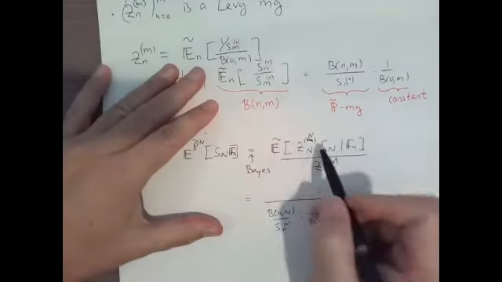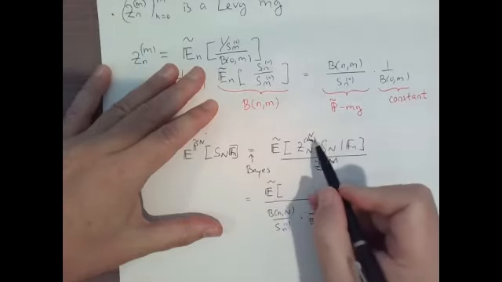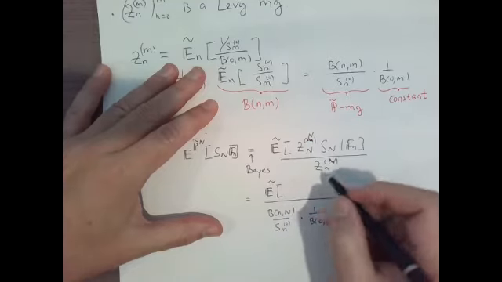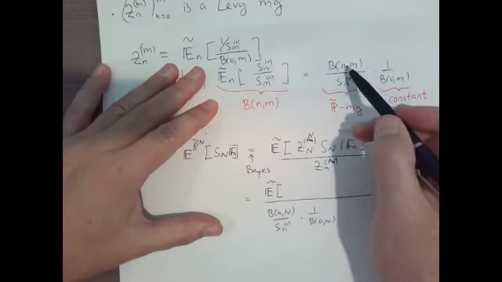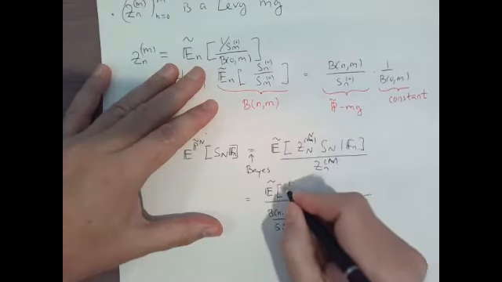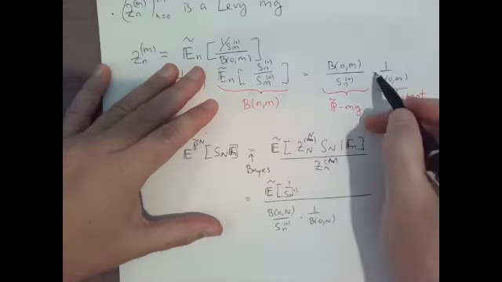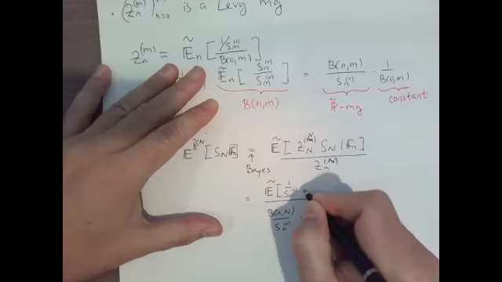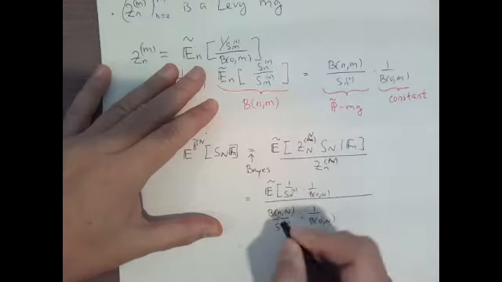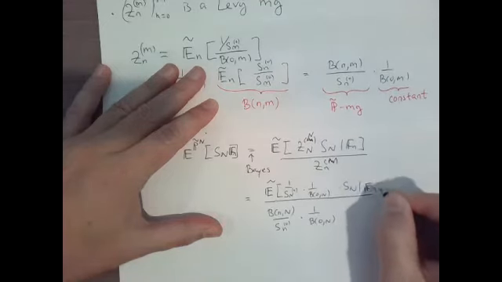And now I need to write the same thing as what I have upstairs. E tilde. And now this mess here is going to go in there. So I need to have n and m both be capital N. So that's a 1. I get 1 over S_N(0) times 1 over B_0(N) times S_N given F_N.